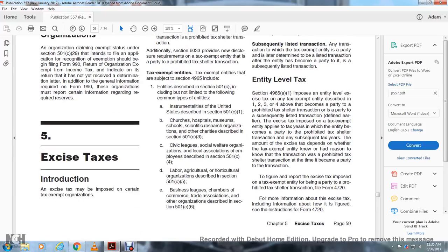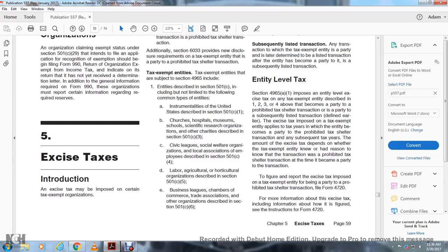Tax-exempt entities. Tax-exempt entities subject to Section 4965 include the entities described in Section 501(c), including but not limited to the following common types of entities. Instrumentalities of the United States described in Section 501(c)(1). Churches, hospitals, museums, schools, scientific research organizations, and other charities described in Section 501(c)(3).